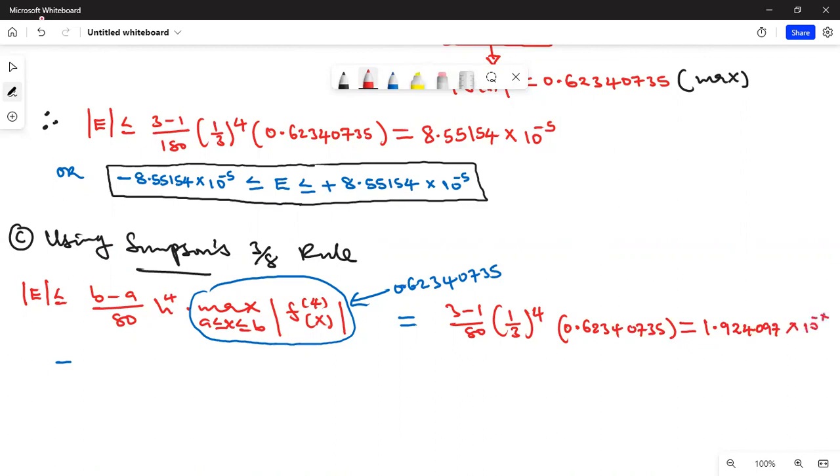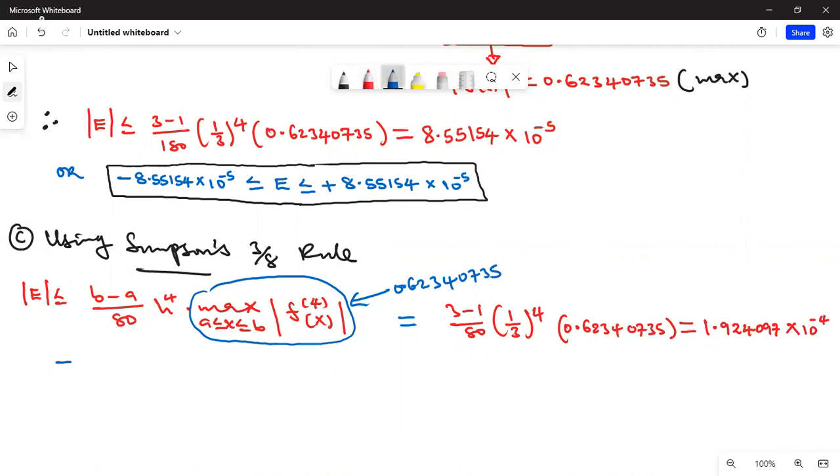Let me write that properly: times 10 raised to negative 4. So what does it mean?